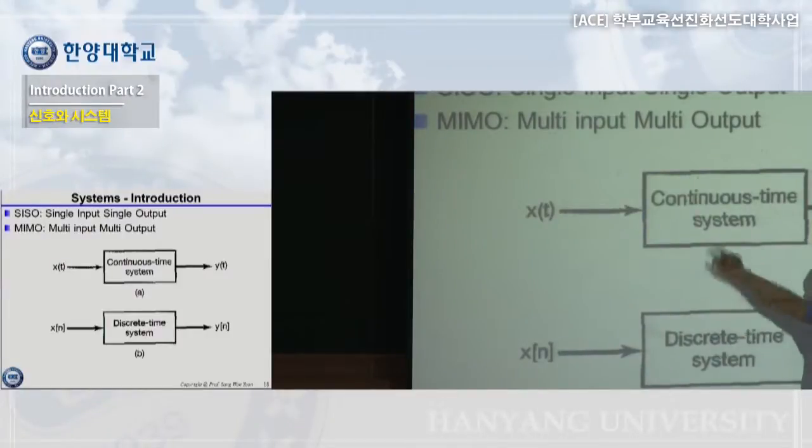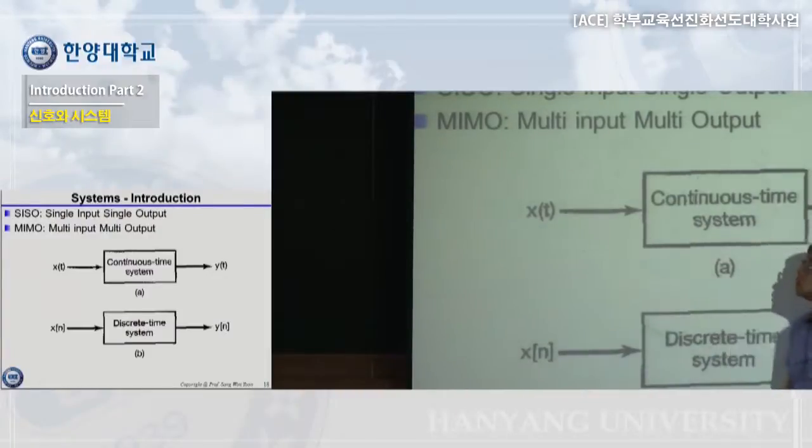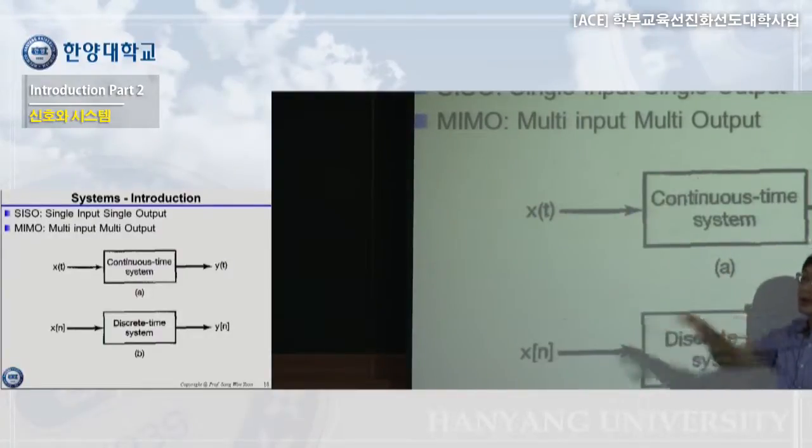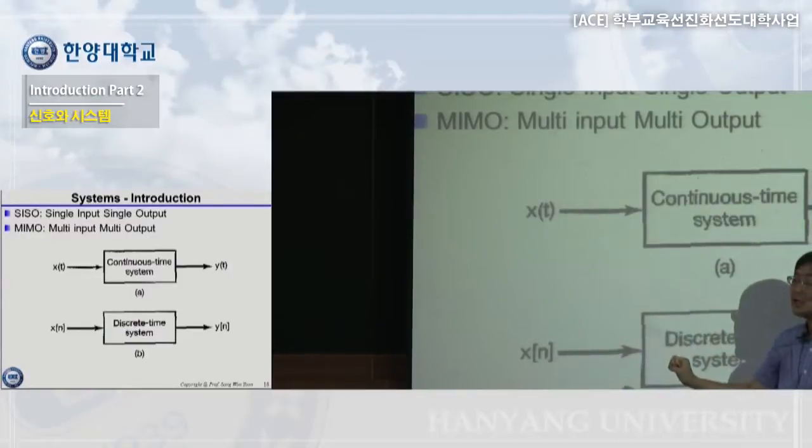Sometimes they are cascaded, meaning that sometimes we have input of continuous time passing through a continuous system, and then after that we do something called sampling. Sampling is what? We pick up some value at a certain period of time. So assume that we have a continuous time signal, we pick up values at a certain period of time, meaning that we change the continuous time to a discrete time signal.